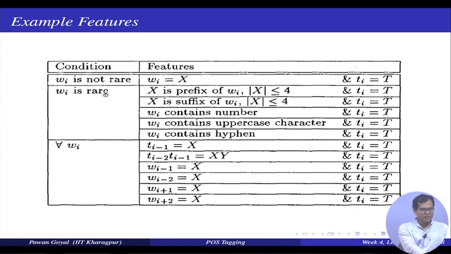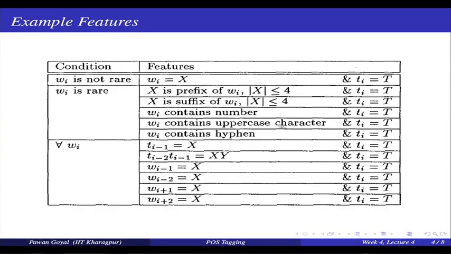But if the word is rare, he does not use the word directly. He says x is a prefix of wi, length of x is less than or equal to 4. So he uses all the prefixes of the word of length 1, 2, 3 and 4. Same for suffix. Now how will using the suffix be helpful? For example, I have a word that ends in ed, but overall the word is rare.